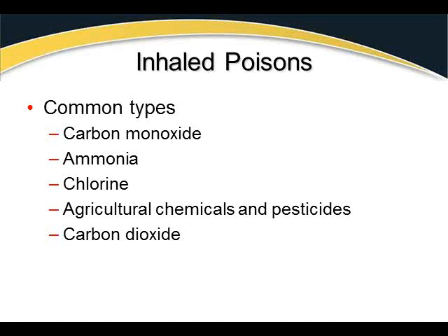Chlorine and chlorine bleach are potential issues. There's chlorine around swimming pools, but bleach itself has a chlorine component to it. Mixing ammonia and chlorine, or ammonia and bleach, causes a very noxious and very toxic gas. So mixing those two cleansers is a bad, bad deal.